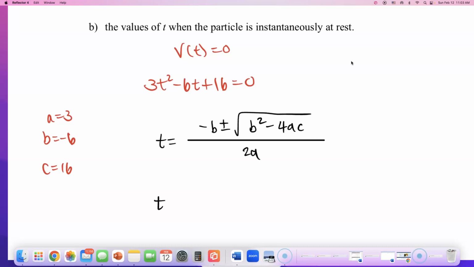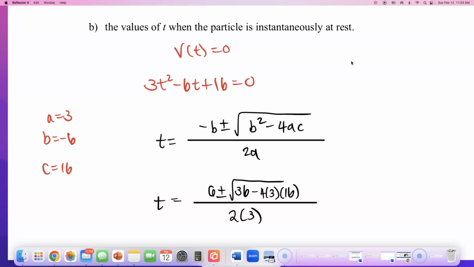So let's plug in everything. The top of the fraction, we will have negative 6, which is positive 6. And if you square negative 6 inside the square root, you will get positive 36 minus 4 times 3 times 16, all over 2 times a value of 3.